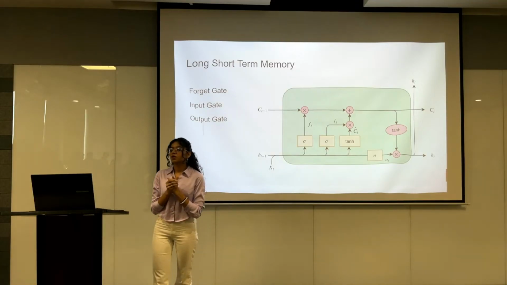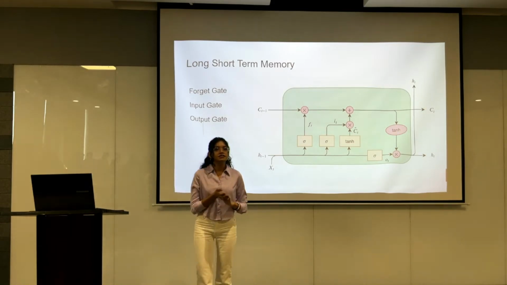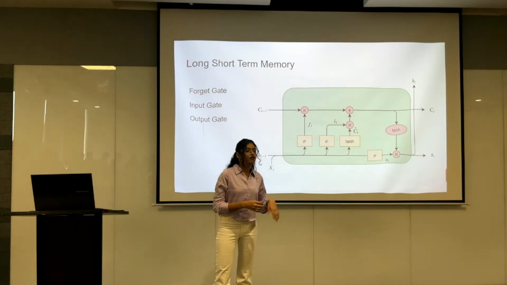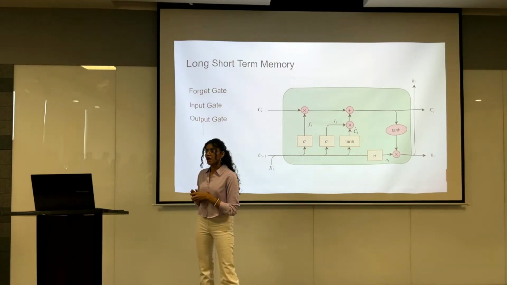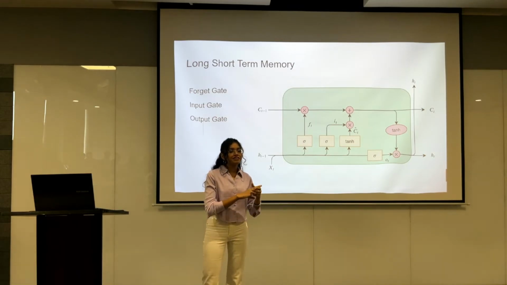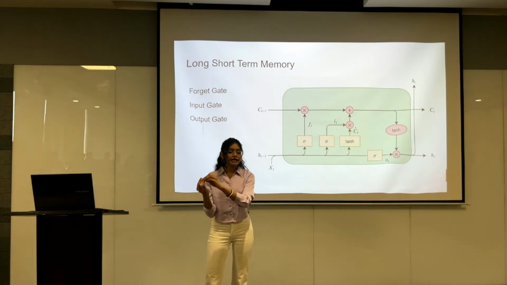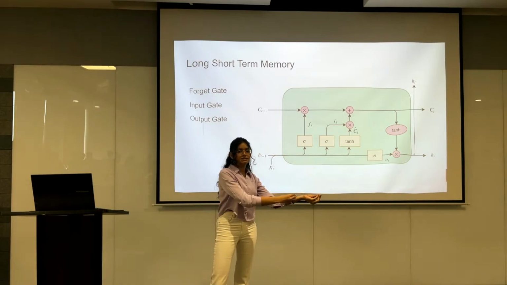Another thing that came after RNN as a solution to this was long short-term memory. For example, if I have a very long sentence, I will not remember what I wrote at the 10th position.